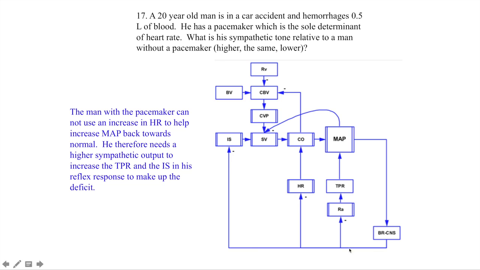So that means that your sympathetic tone must be a little bit higher in order to cause a little bit more vasoconstriction, a little bit more increase in contractility to get that mean arterial pressure back up where it belongs. So he has a slightly increased sympathetic tone relative to the man without the pacemaker, where that guy can use his heart rate. The man with the pacemaker can't in this case. Okay?